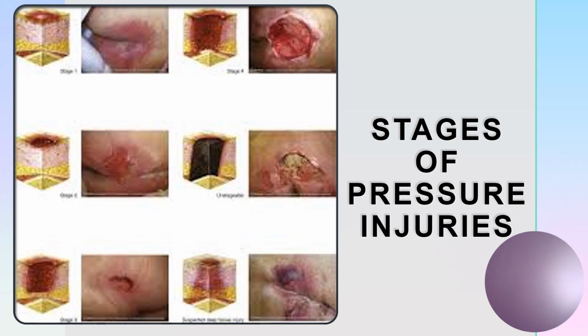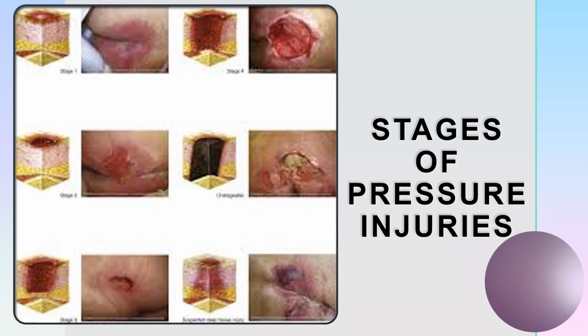A stage 3 pressure injury, and you can compare these to the pictures below. This is a full thickness skin loss. So with full thickness, that means we have granulation tissue.